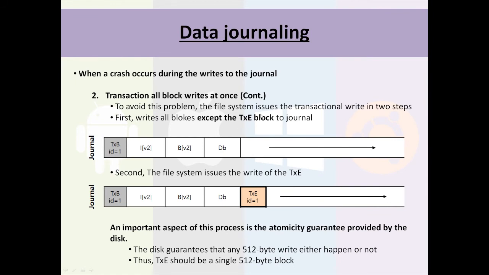So to avoid this problem, the file system issues a transactional write in 2 steps. So instead of doing it all at once, it does it in 2 steps. Okay. So first it writes all the blocks except the TXE block to the journal, which makes sense, right?